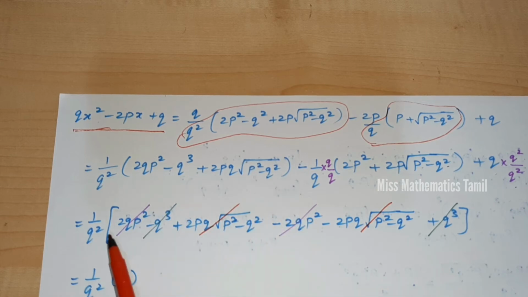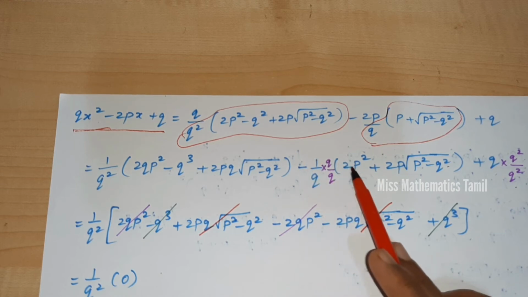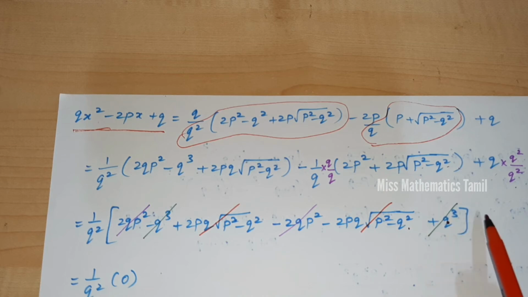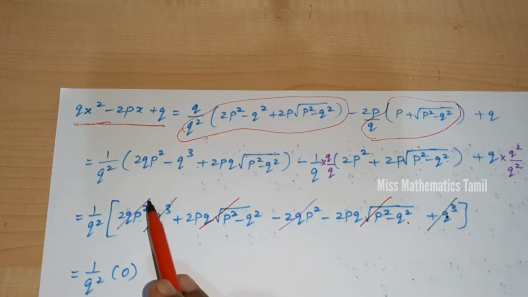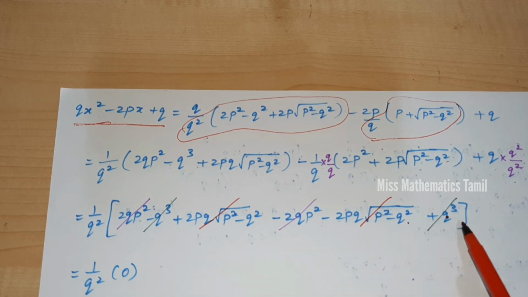Next, the same step I am writing here, multiplying minus q inside this bracket. I am getting this. Here q into q square, q. After that, you can cancel all the terms, because one is plus, another one is minus.